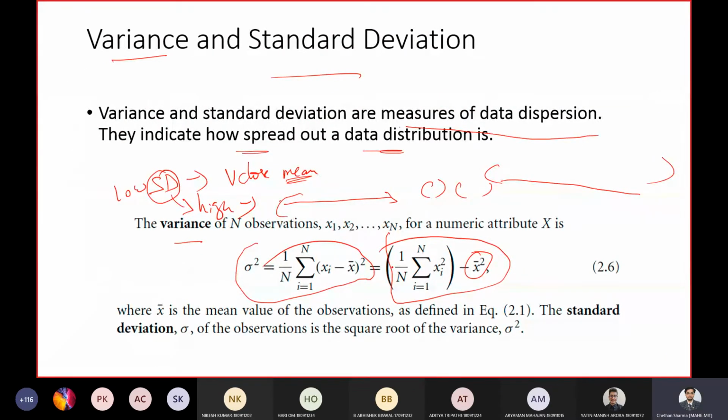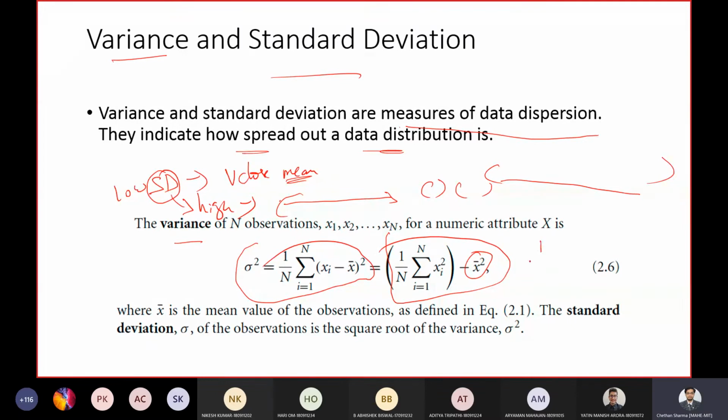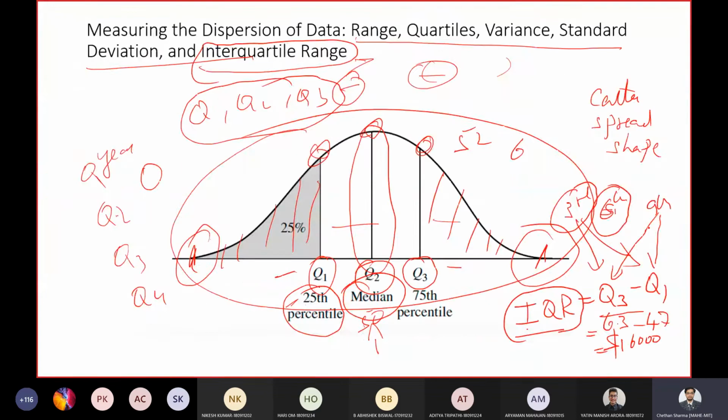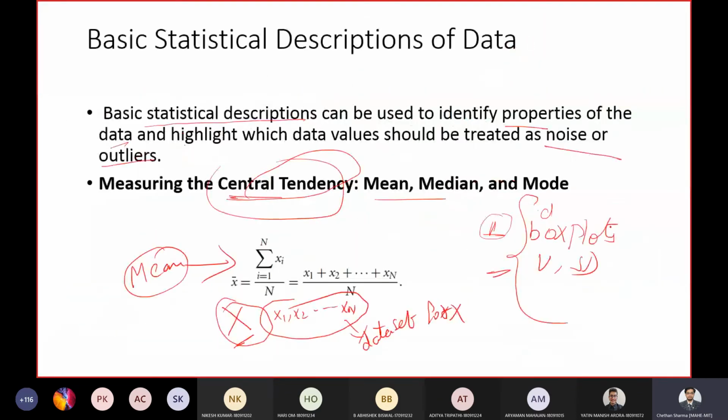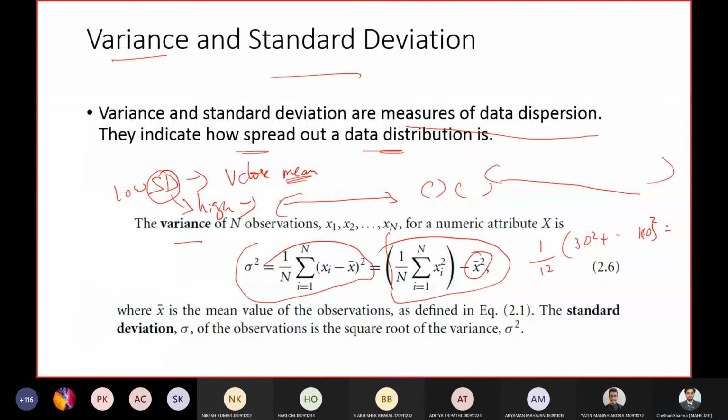So if you use the same salary data set, it's 1 by 12 times 30 square plus whatever you get till 110 square, minus the mean, which we got as 58 here, that is 58,000. If you actually solve this, you will end up getting 379.1. That is sigma square.